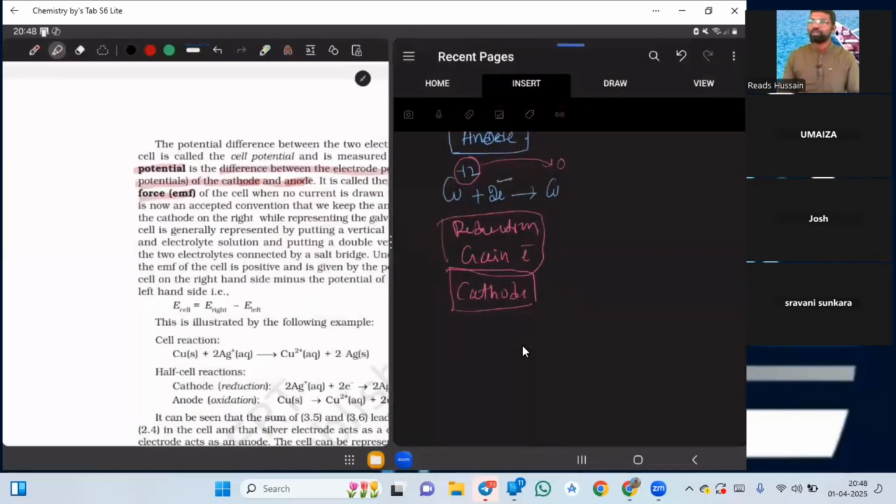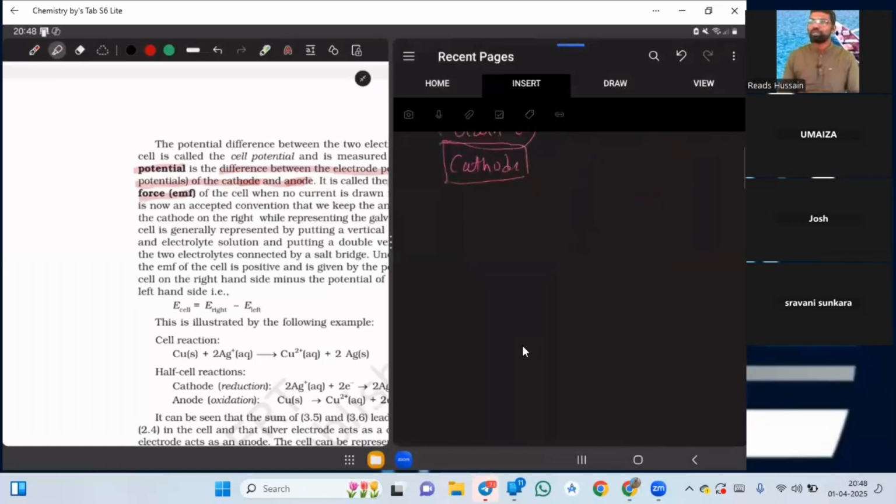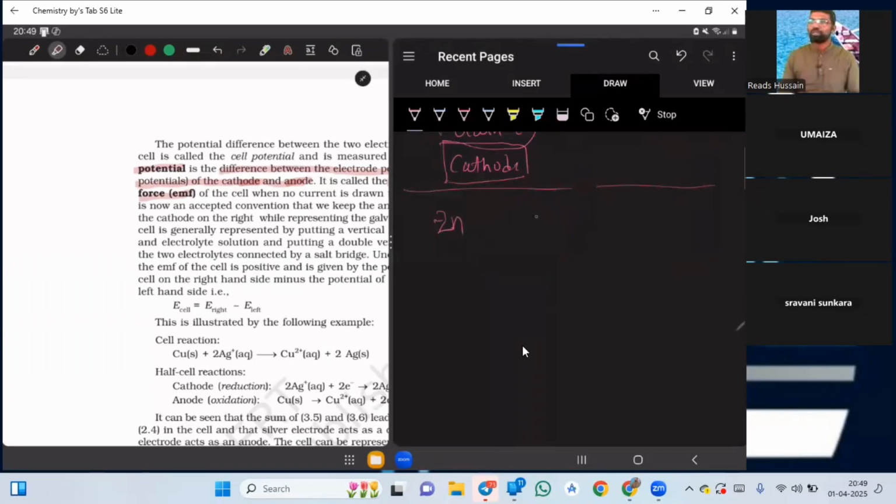And just to make you understand, to make you clear, here I'll explain about this. My dear students, here you see, once again I am repeating the same concept again and again. Okay, zinc, how does the zinc undergo the process, whether oxidation or reduction? Zinc loses 2 electrons, becomes Zn plus 2.